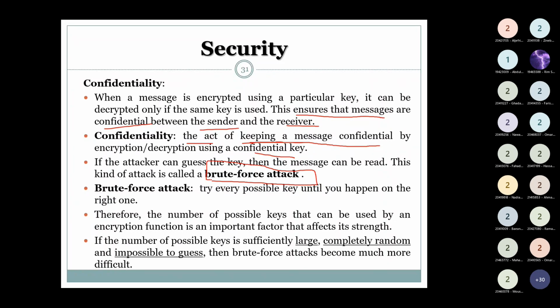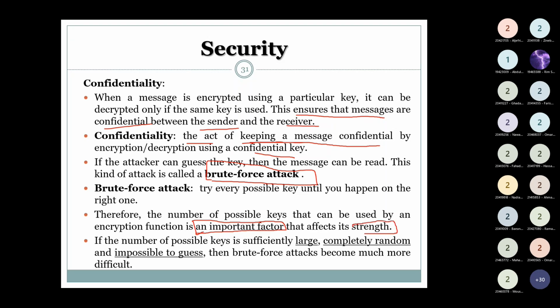Okay, so this is the reason why in encryption you need to use a difficult key. Because there are many algorithms that can guess your key if it is simple. Therefore the number of possible keys that can be used by an encryption function is an important factor that affects its strength.